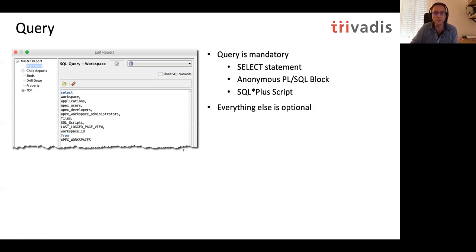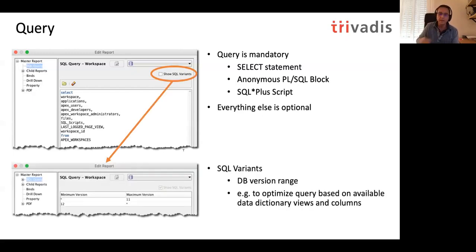So what is optional? What else do we have to configure? Something I forgot here: there's also a tiny checkbox here, which you can click, and then you are able to write query variants.